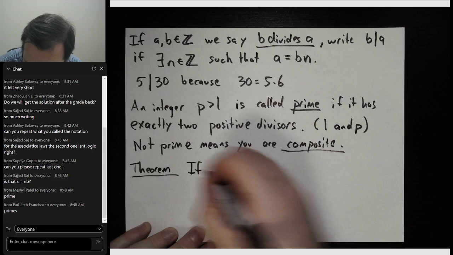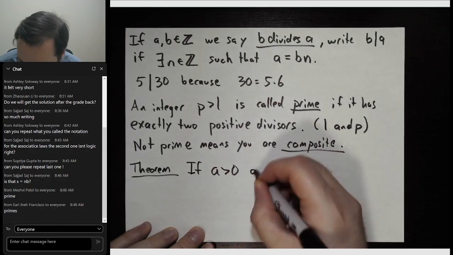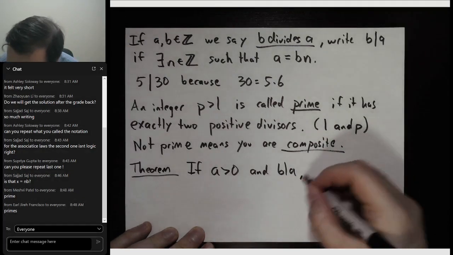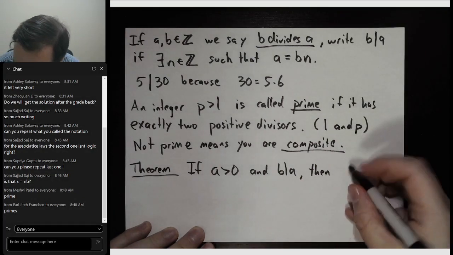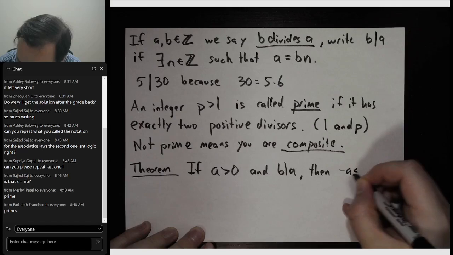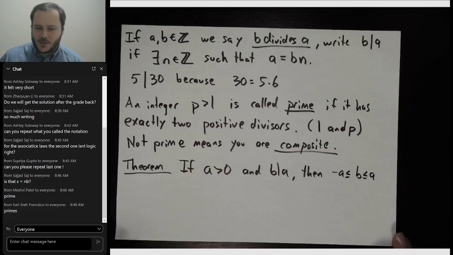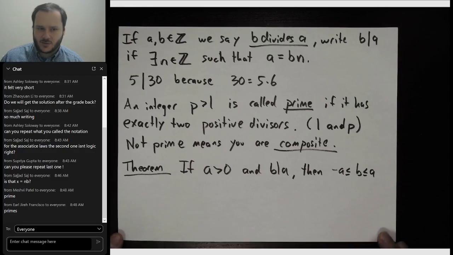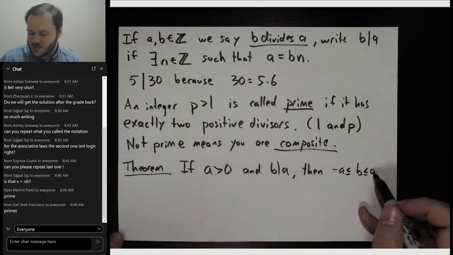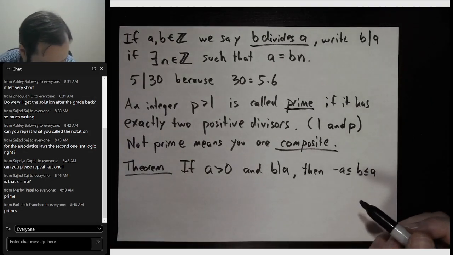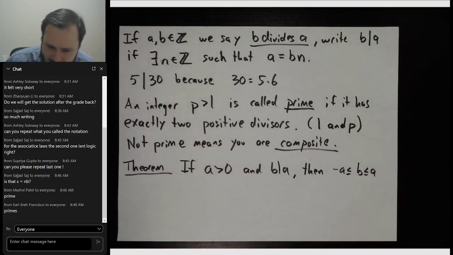If a is greater than 0 and b divides a, then b has to live between negative a and positive a. Basically, this means you can't have a number that's bigger in absolute value dividing something that is smaller and get an integer out. So this seems like something that should be obvious, but we still need to prove it, right?